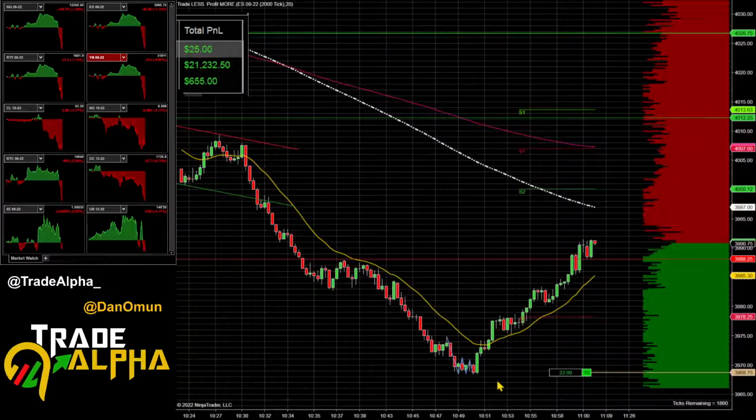So where someone could get in is right here, one tick above. So you could be just setting stop entries right here all the way along here. Now, I was focused on this trade, so I wasn't taking that, but yeah, that's a perfectly good risk-controlled setup that your average trader could get into.